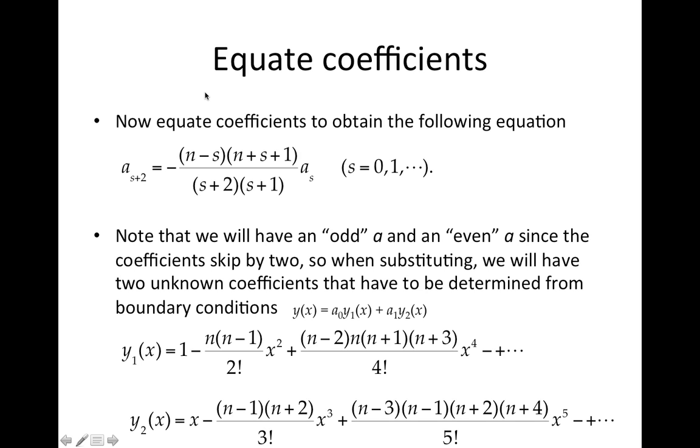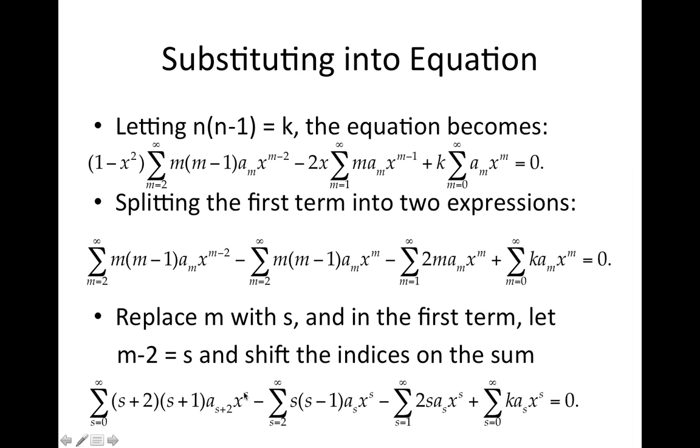Okay, so now, because we have uniform powers of x, we can basically equate our coefficients. Let me go back and show you that equation again. Notice these are all powers of x to the s. So we're going to equate coefficients for that, and when we do, we'll pull out these terms and then this term with this subscript.